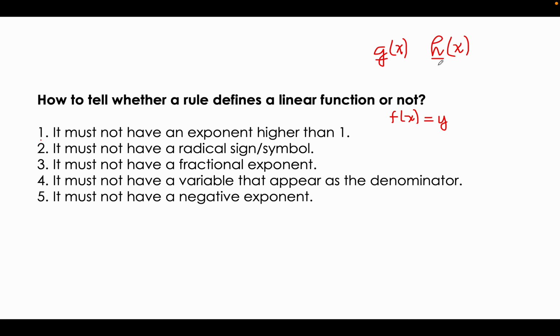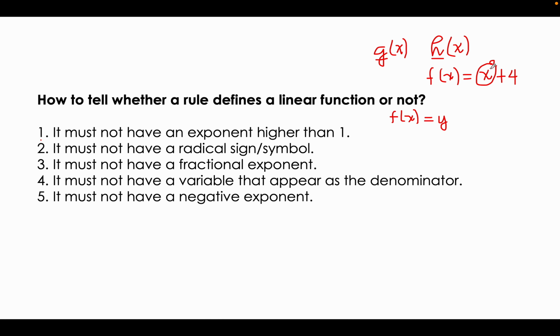For example, we have f of x is equal to x plus 4. Okay? So x here must not have an exponent higher than 1. So that means 2, 3, 4, and so on and so forth. If it happens to have an exponent higher than 1, for instance, we have 2, this is no longer a linear function. Okay? So, quadratic function na siya.